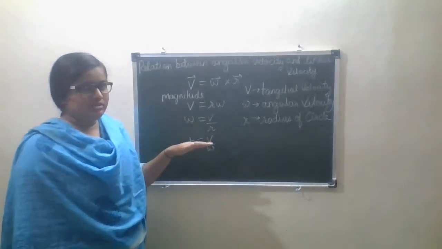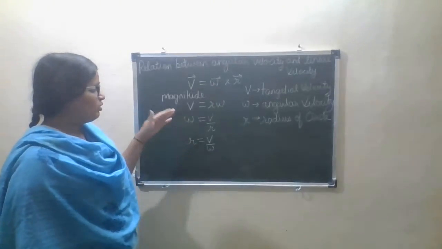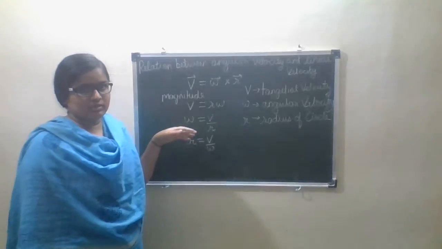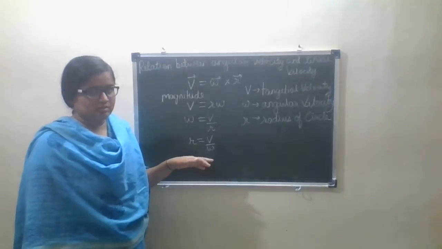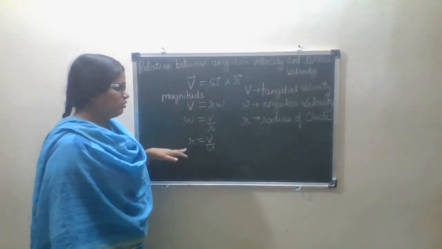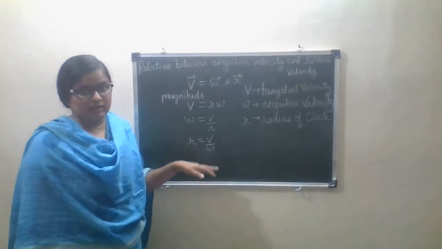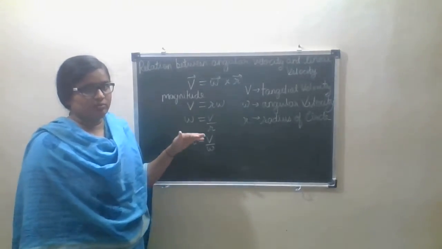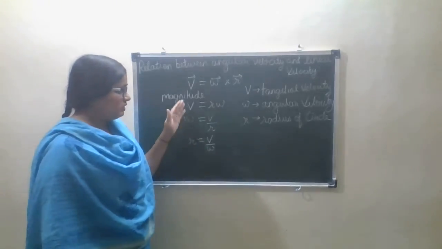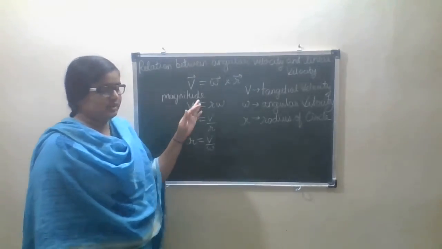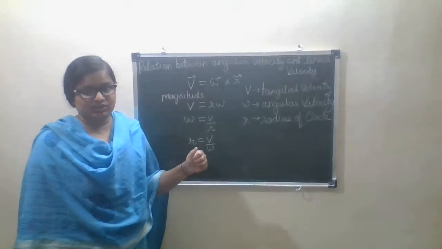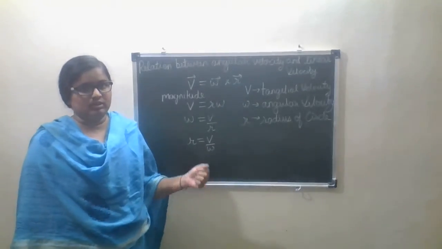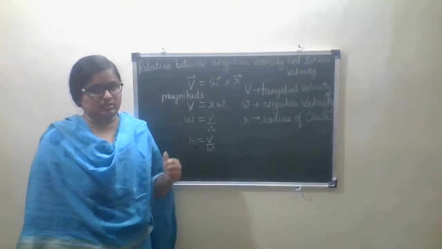From this we can also find omega is equal to v upon r, and radius r is equal to v upon omega. If a question is asked in your exam, you can solve the problems by using these equations, where v is the tangential velocity, omega is the angular velocity and r is the radius of the circle.